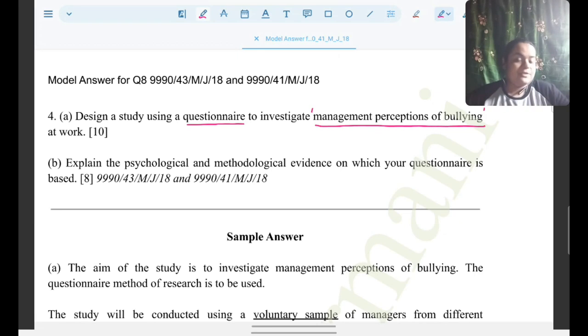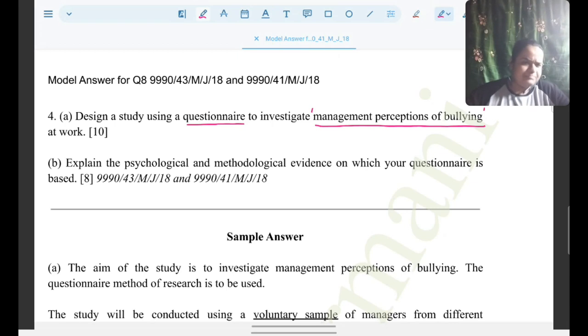Now when you read the topic part of the study, you should automatically have in your mind, again if you're prepared well, the part of the textbook or the section of the syllabus from where this topic has been derived. When I see management perceptions of bullying, I immediately remember CHLv's study on bullying. And I know I have to design my study based on CHLv's studies on bullying. When I see questionnaire, I know that I have to organize my study.